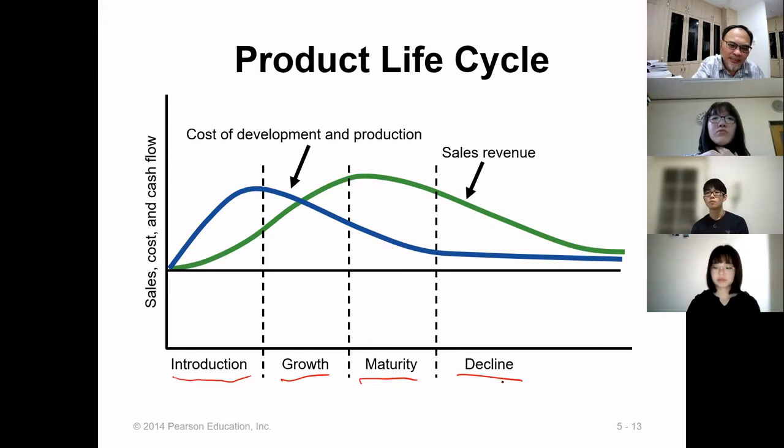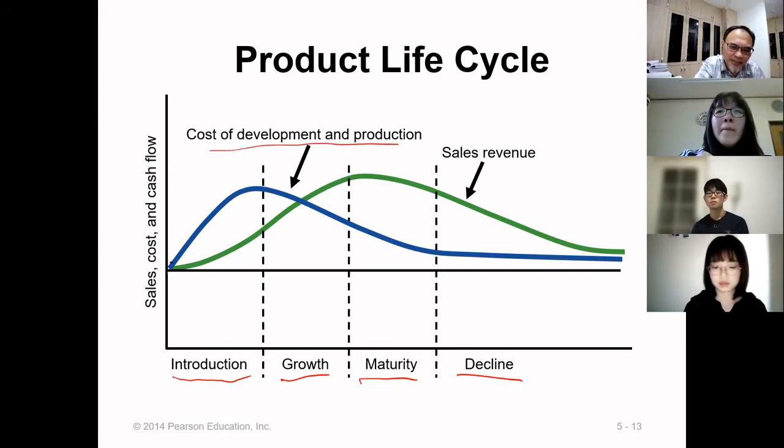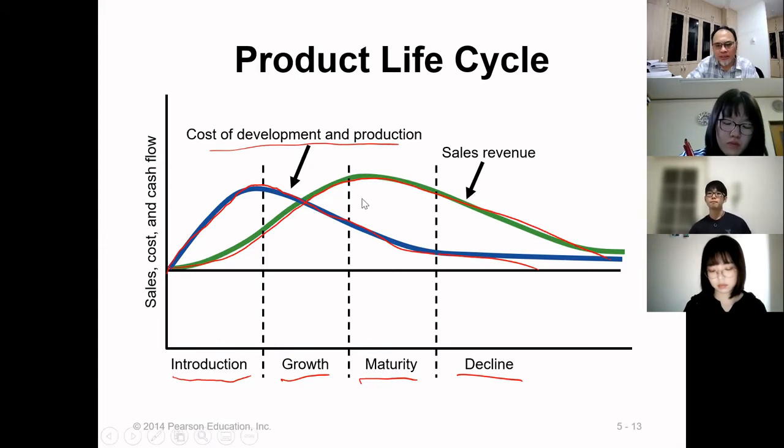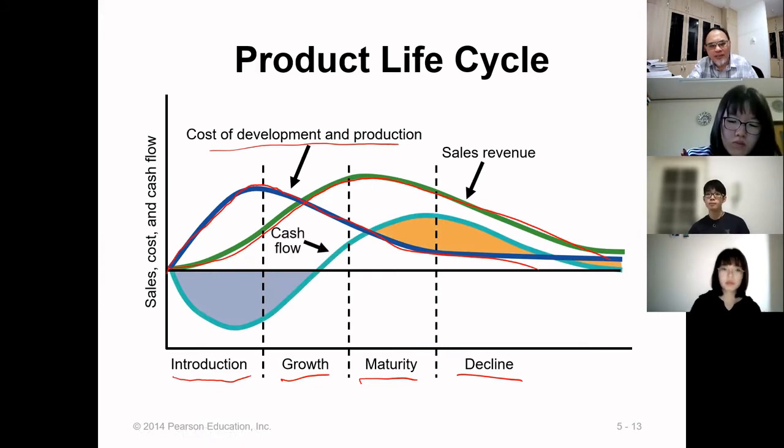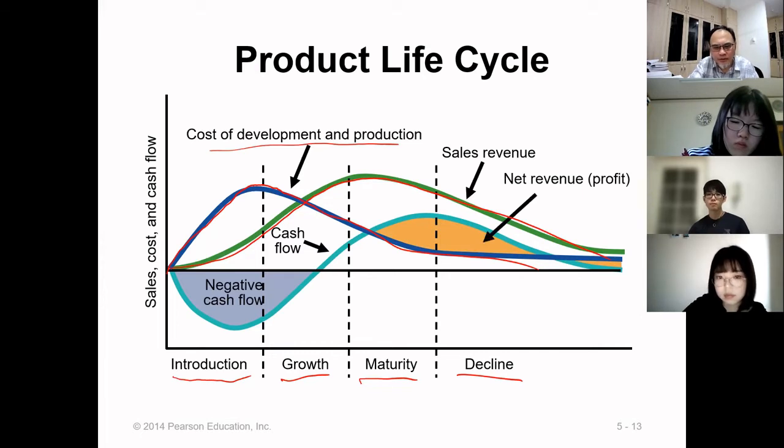They will incur the cost of development, which increases during introduction and growth, then they will decline. So you need to cover that with sales revenue. This is the cash flow in terms of product life cycle. It will come to the decline stage. This is what we call negative cash flow and positive net revenue.